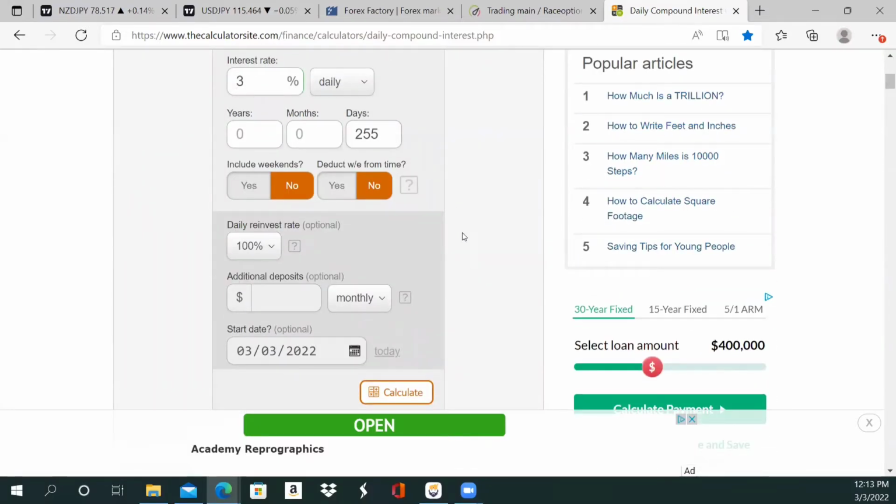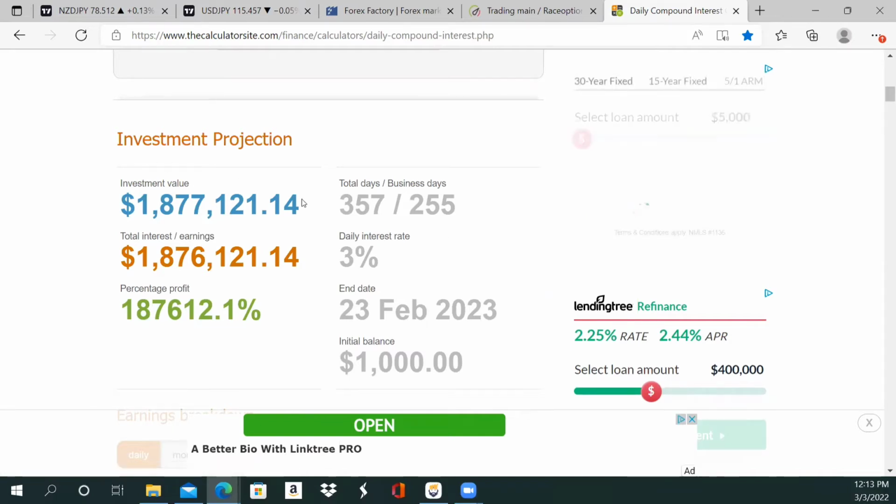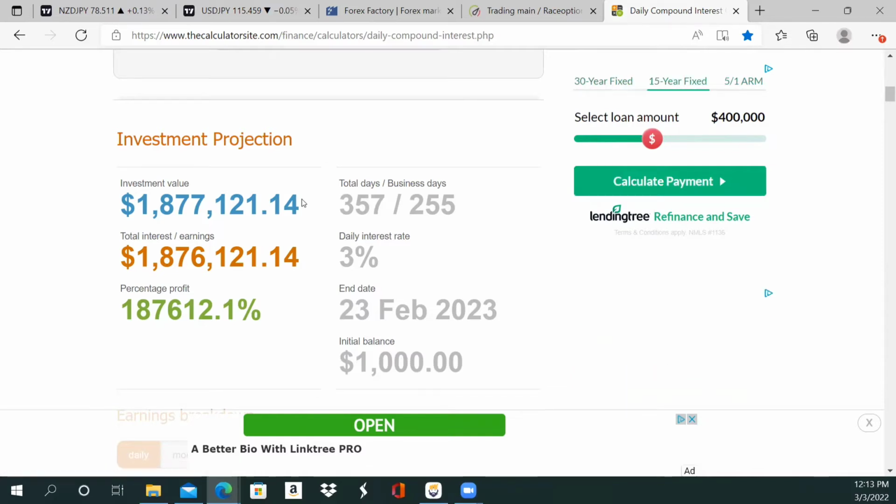This is about how many trading days there are a year, not including cryptocurrency, but we try to get you 3%. This is what you could get within one year's time. Not a get rich quick scheme. This is just what's possible if you can be consistent enough to make at least 3% a day.